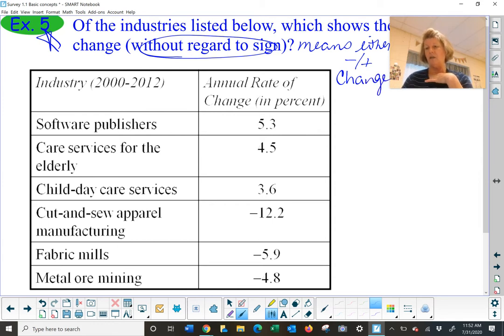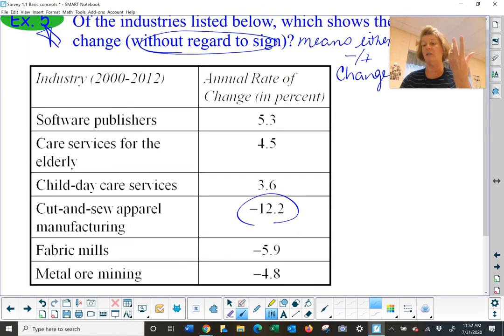So I'm just looking down through the numbers, and this one hits me as being the largest number, even though it's a negative. They said without regard to sign. So I would say the cut and sew apparel manufacturing from 2000 to 2012 had the biggest decrease, actually, right?